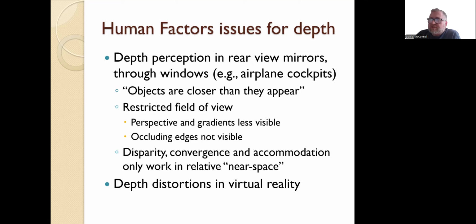Other limitations is that some of these depth cues, like convergence, accommodation, and binocular disparity, really only work in what we're going to call near space, which is within a distance of 1 meter, up maybe to 3 or 4 meters at most for disparity. But with convergence and accommodation, we're really only talking about working well within about a meter of space here.